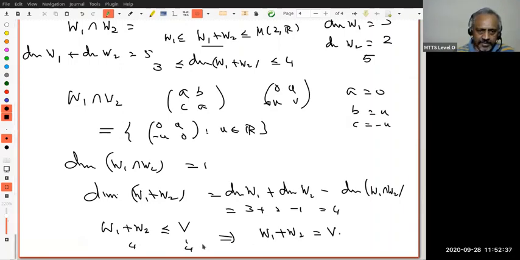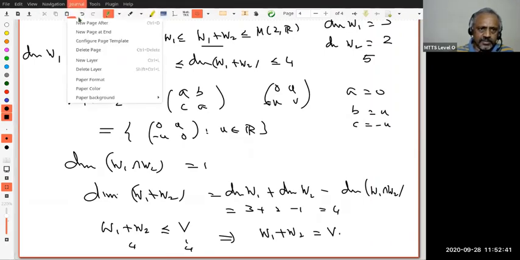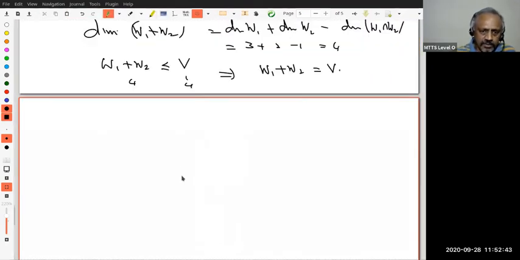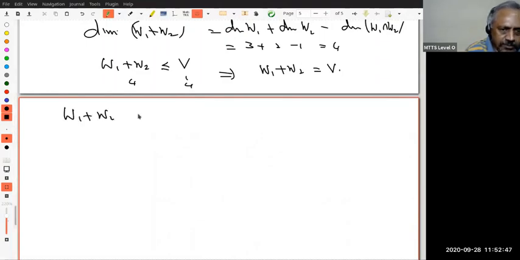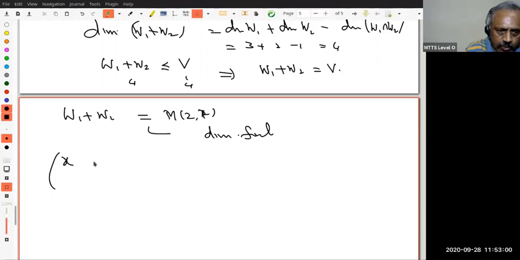Are you following me? Now, what is the advantage? Without trying to work out what W1 plus W2 should be, I concluded that it is equal to M2(R) by using only the dimension formula. Whereas, what should I do otherwise? If you give me a vector x, y, z, w in M2(R), I want to write it as an element of W1 plus an element of W2.